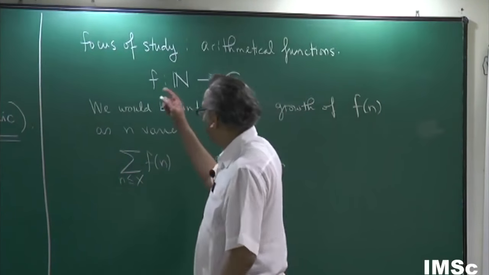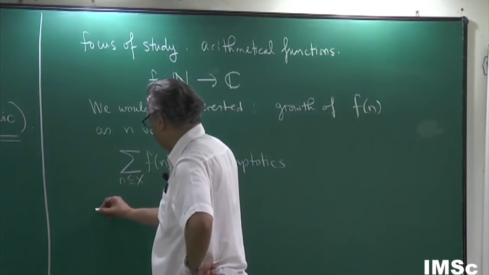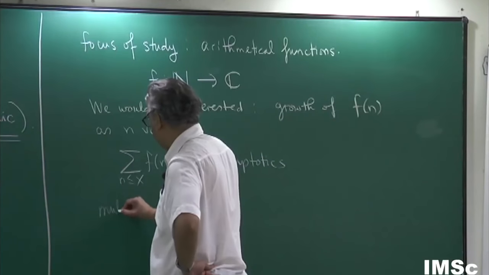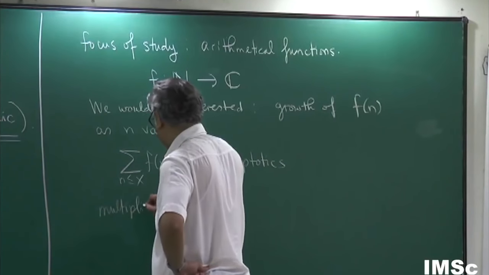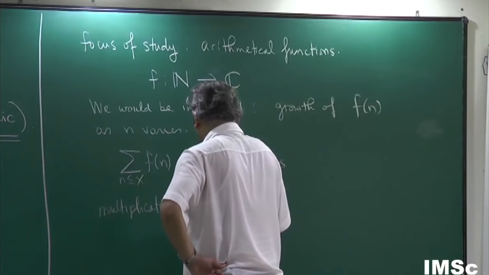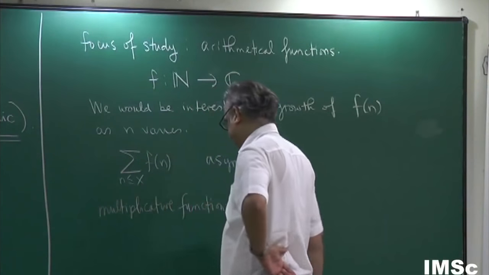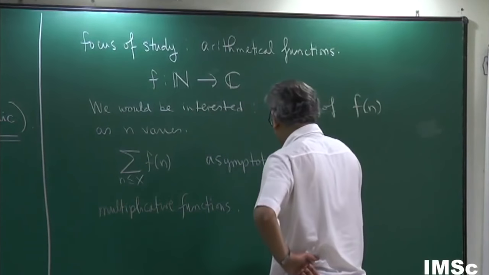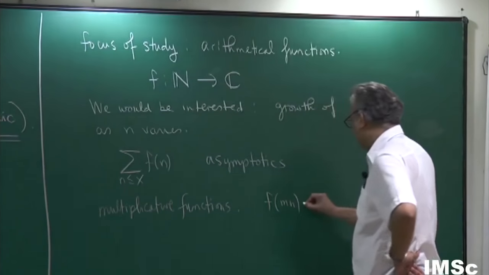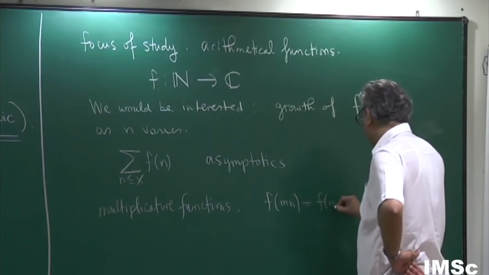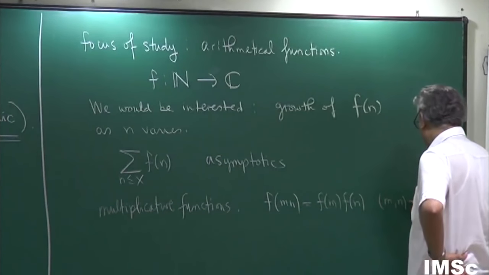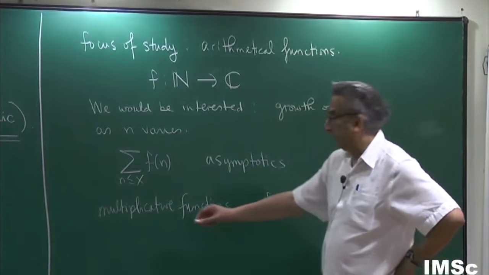In the class of arithmetical functions, of course, there are several types of functions. The most common, perhaps, that we will be looking at are multiplicative functions. These functions have the property that f of mn equals f of m times f of n whenever m and n are relatively prime, and then we say the function is multiplicative.